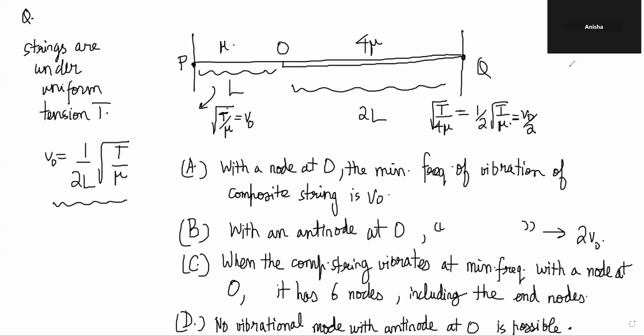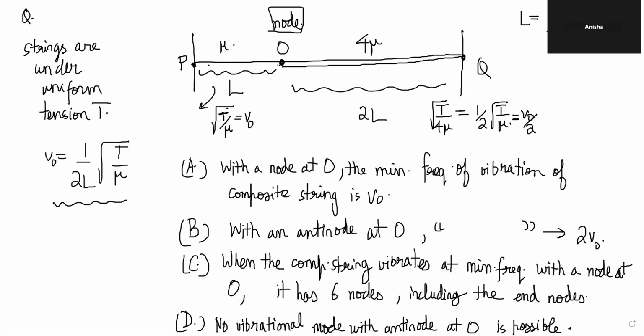Now we can say it depends on what kind of nodes are set up, what kind of vibration is set up. Suppose there was a node here. Node means zero displacement, so it's like a fixed point. This portion of the string behaves like a string fixed at both ends, so L is equal to n lambda by 2, where L is the length and lambda is the wavelength.